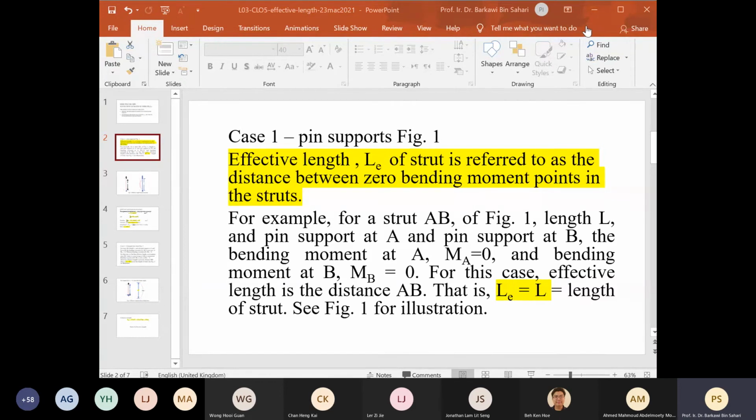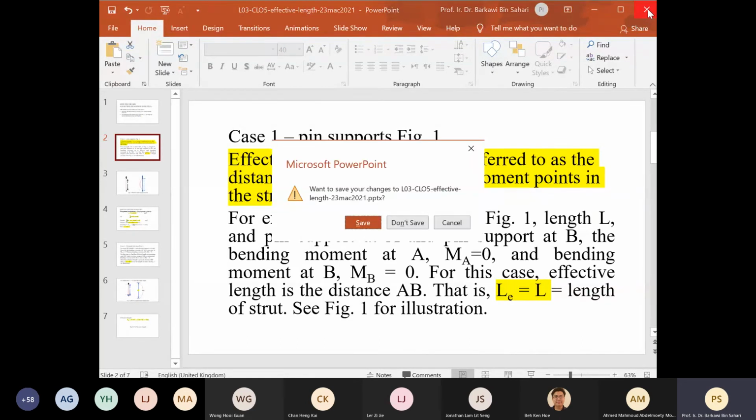Okay, any question there? Okay, so we look at generalization from those two and from the effective length definition.